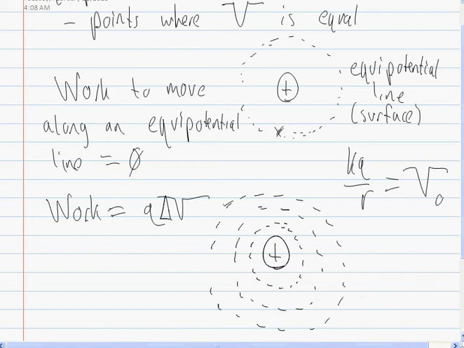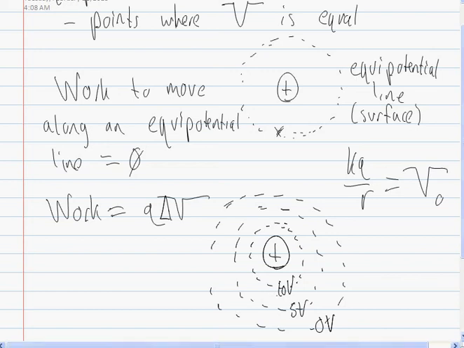Usually you can actually figure out what they are by giving the charge and the distance. We'll say this is 10 volts, 5 volts, 0 volts. I could have a -5 or a -10. I just chose those values.